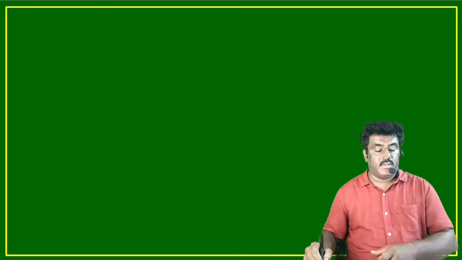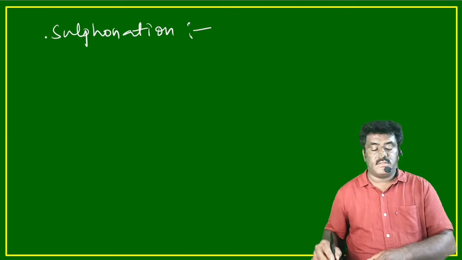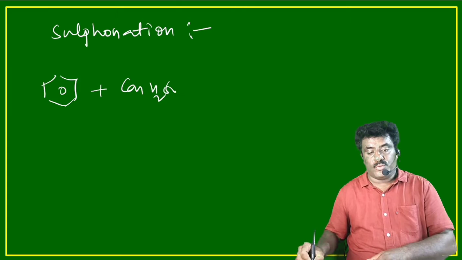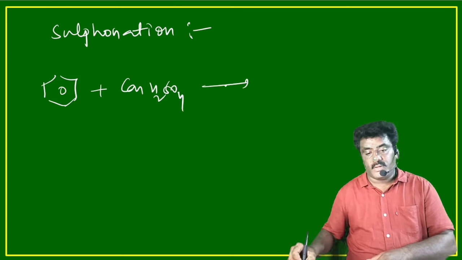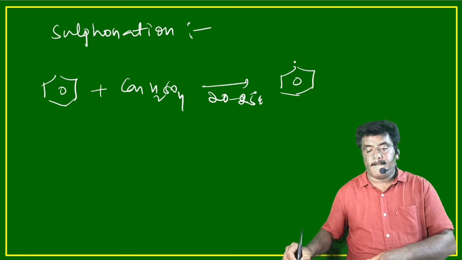Next is the sulfonation. Very simple. Phenol in presence of concentrated H2SO4 at 20 to 25 degrees Celsius gives the ortho product.